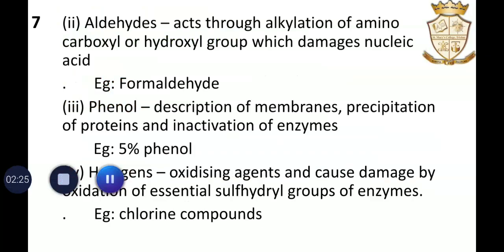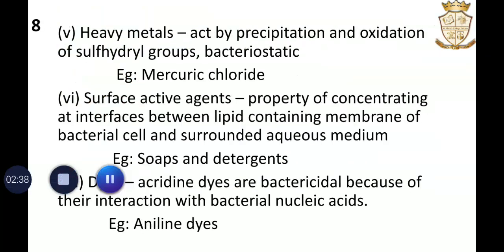Example 5% phenol. Next one is halogens, oxidizing agents that cause damage by oxidation of essential sulfhydryl groups of enzymes. Example is chlorine compounds. Next is heavy metals, which act by precipitation and oxidation of sulfhydryl groups and are bacteriostatic. Example mercuric chloride.